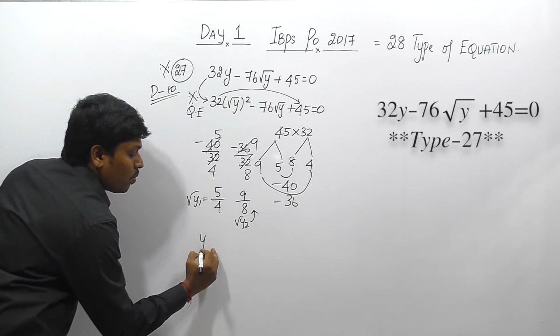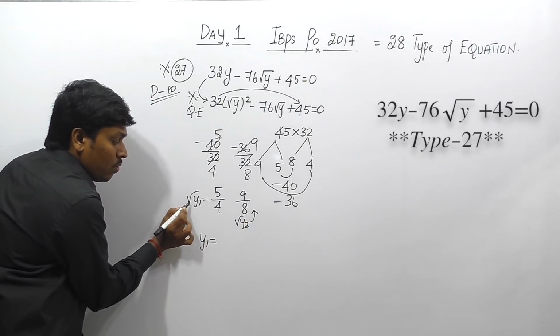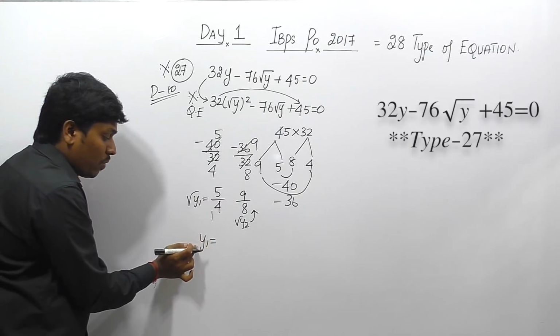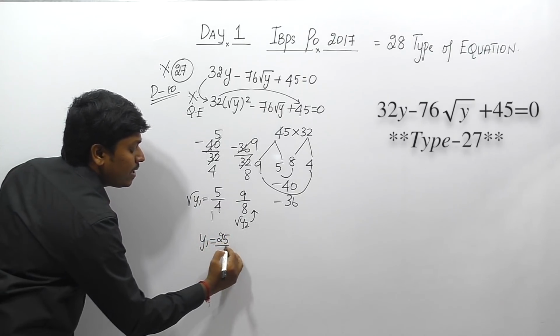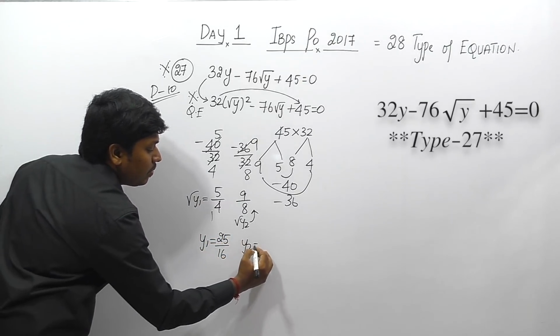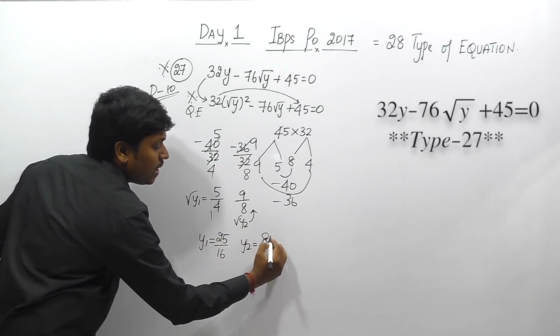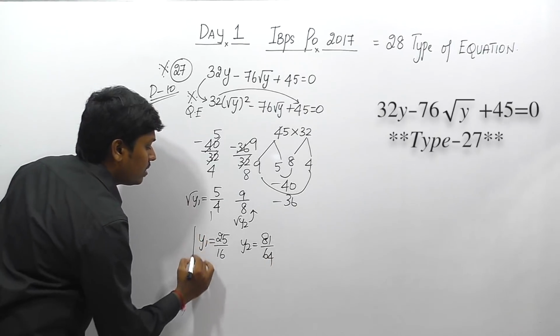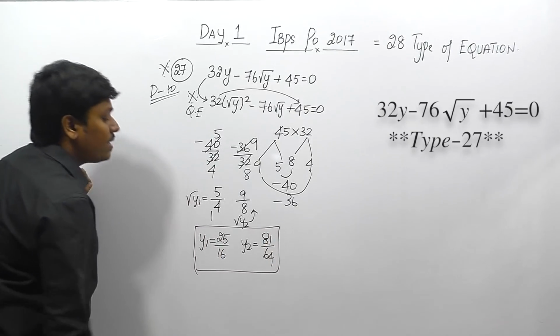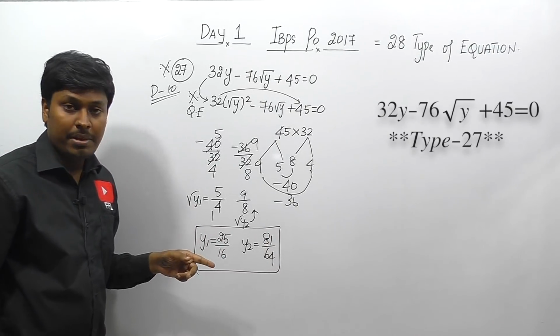So y1 is equal to 25 divided by 16. Similarly root of y2 equal to 9 by 8, so y2 is equal to 81 divided by 64. So finally the factors are 25 divided by 16 and 81 divided by 64.